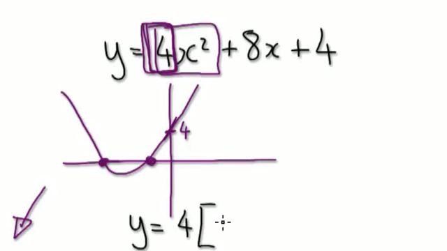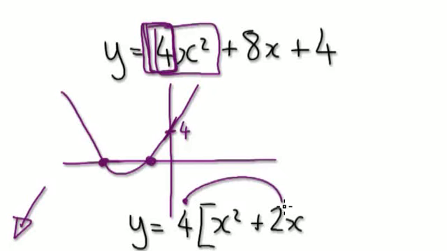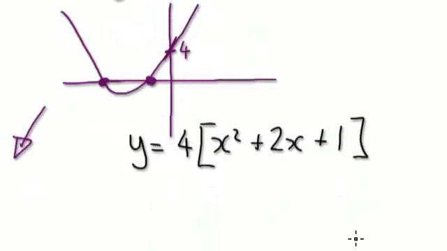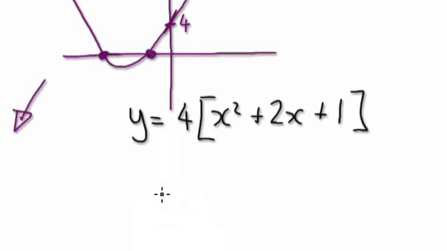So it will be 4 times x squared plus 2x, because when you multiply this by 4 it will give you 8x. This here will be plus 1. Now complete the square.